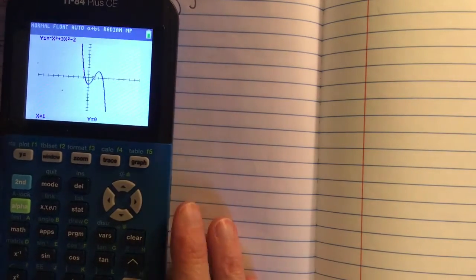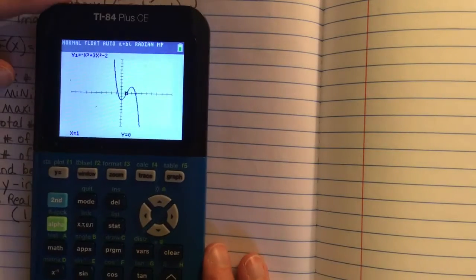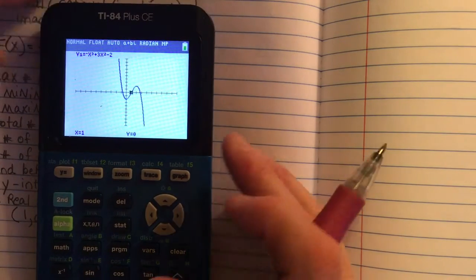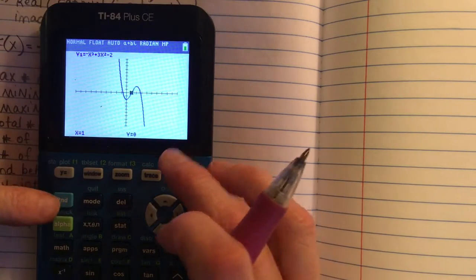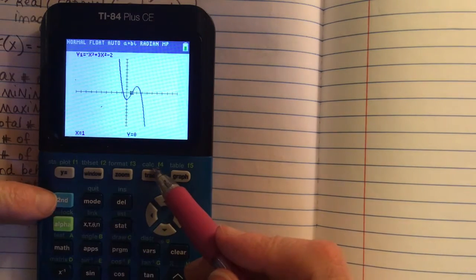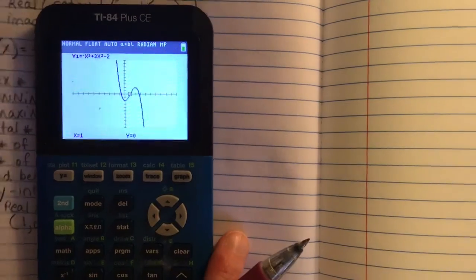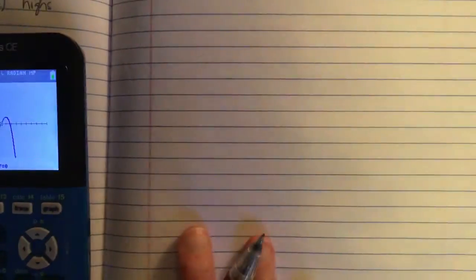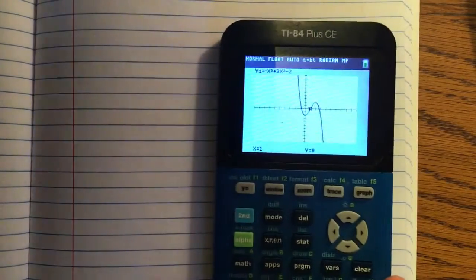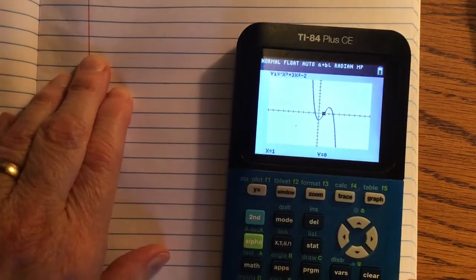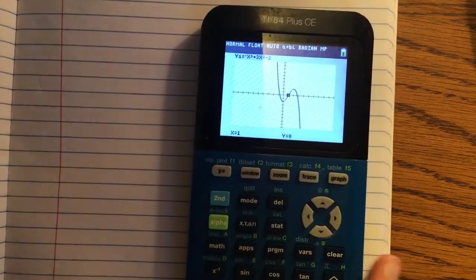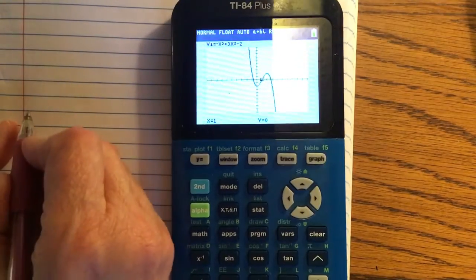So the first step, and you're watching the video, you can stop it and go back on these, but I'm going to go to calculate, which is right here. And I'm thinking, let's see if I can go over here. I believe I can do that. And we'll need about half a page for number 2. So I think I'm going to go down over here, and we're going to do max.